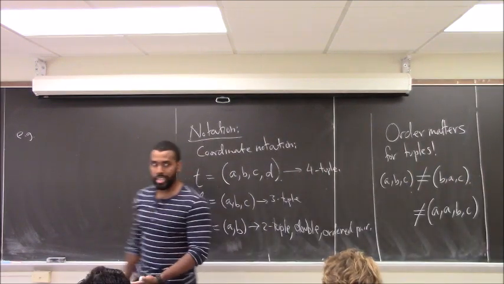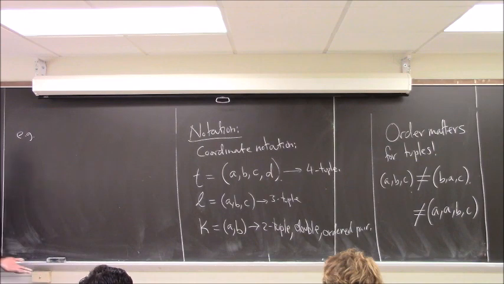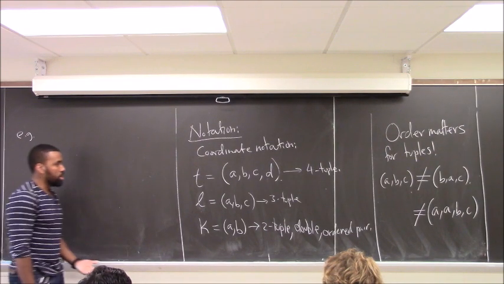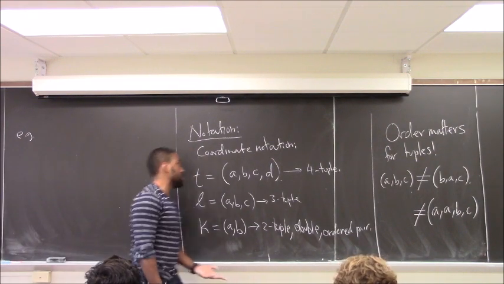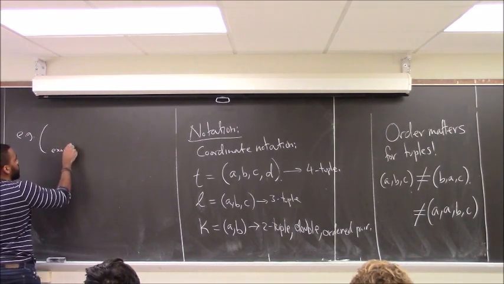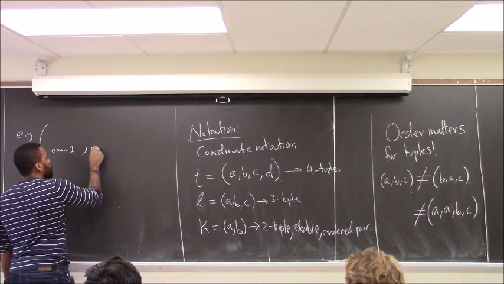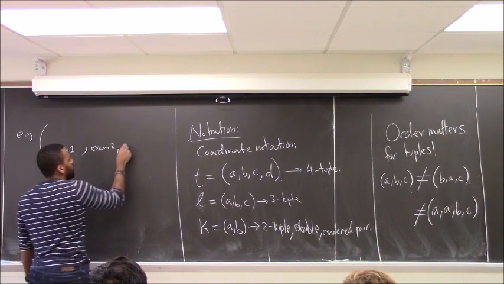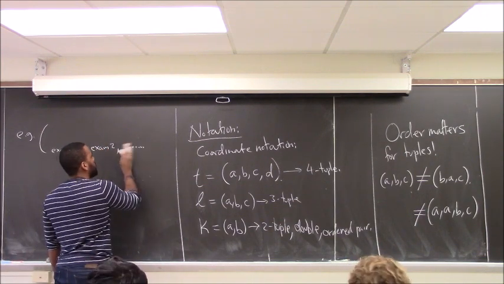Why? Because a student can get the same grade on 2 different assignments. And moreover, if they get the same 2 grades, I don't want it to be erased. So in the first coordinate, I can put the grade for exam 1. In the second coordinate, I could put a grade for exam 2. In the third coordinate, I could put the grade for the final.